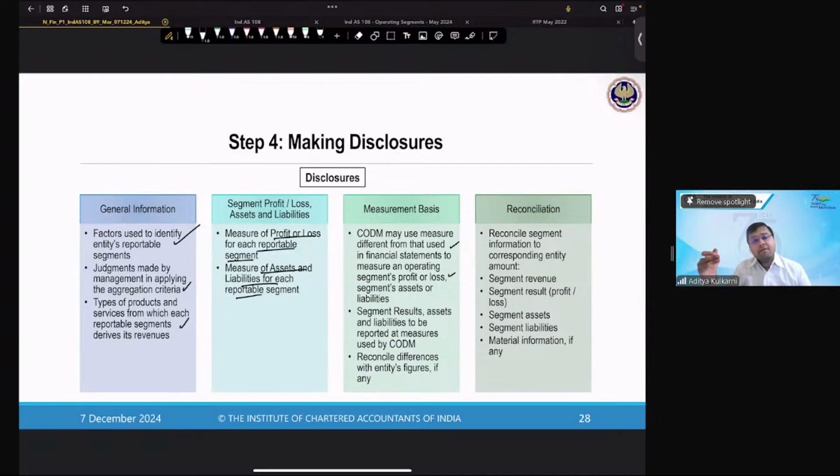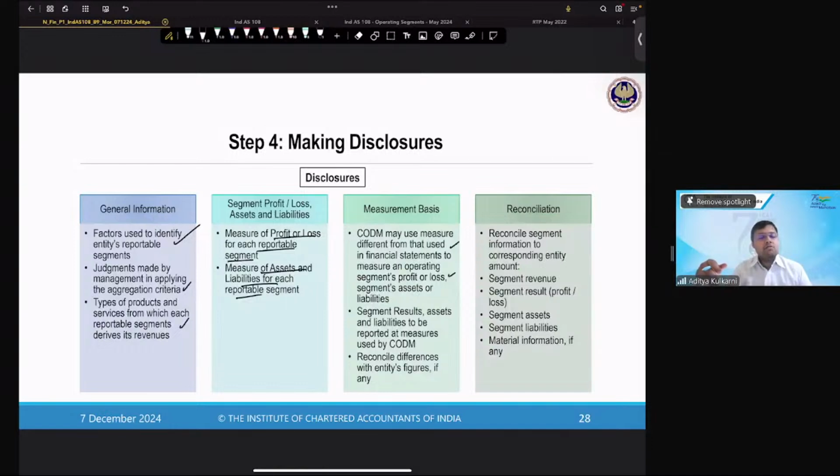But what happens when you discuss these results with the management? The way you view the profitability will be entirely different. For instance, the management will want to evaluate sales. They are not concerned with other income. So sales minus material cost minus direct labor cost to give you contribution.